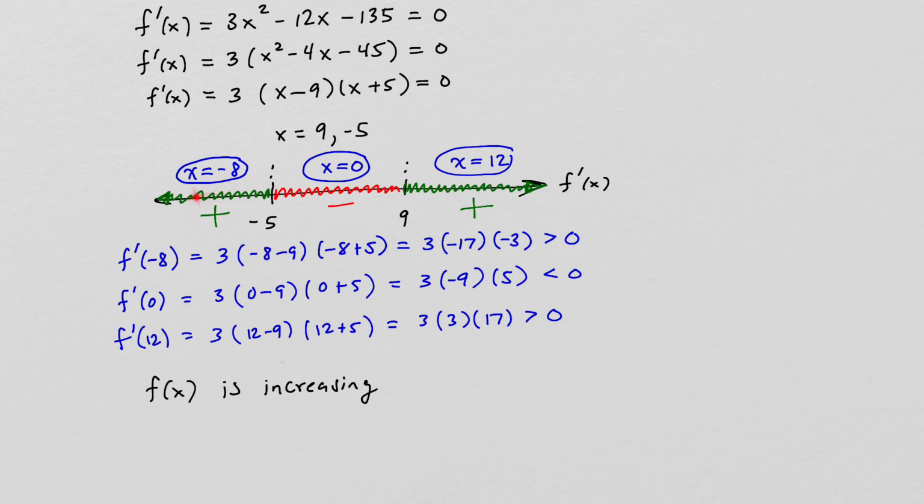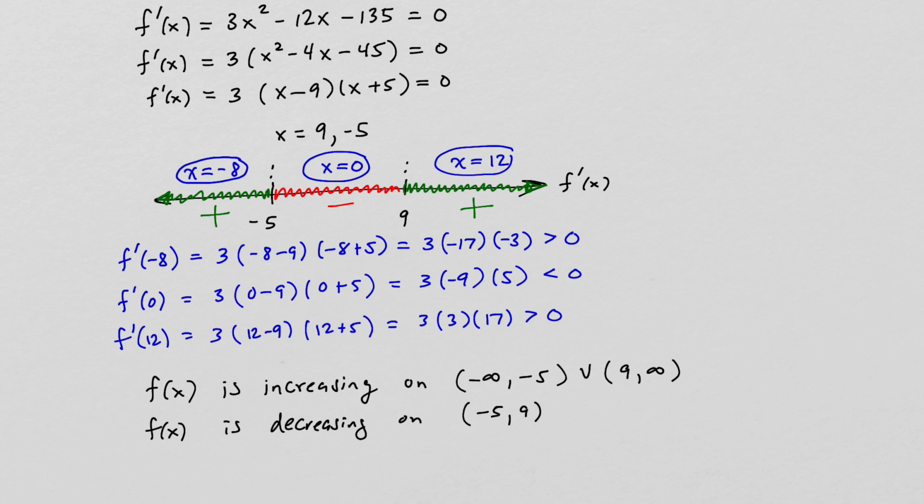And so that is going to be on this interval here and this interval here, which we can write as the interval from negative infinity to negative 5, union the interval from 9 to infinity, and f of x is decreasing on the other part of the number line, which is between the numbers negative 5 and positive 9.